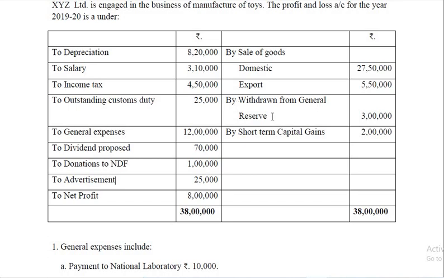Withdrawal from general reserve is not to be taken, so that should be deducted while computing business income as well as book profit. Short-term capital gains should be deducted while computing business income, and should be taken under capital gains while computing total income. While computing book profit, it is not to be deducted.